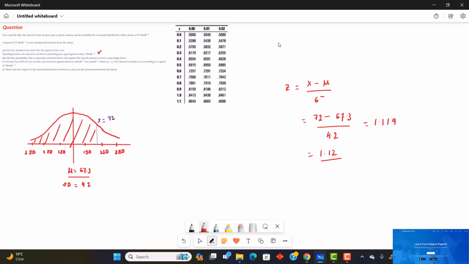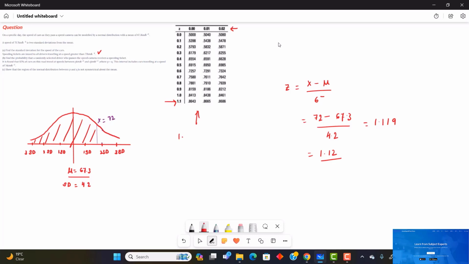Let's try and find out what's the probability associated with this z score. This one over here is the z score table. Over here on the left side, there is 1.1 and this one is 0.02.